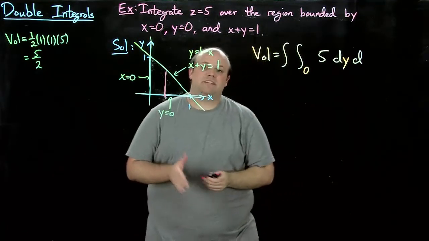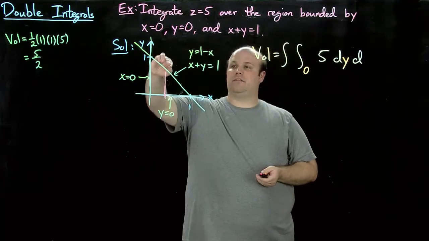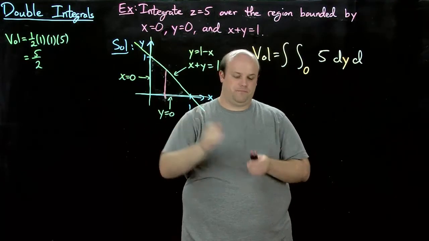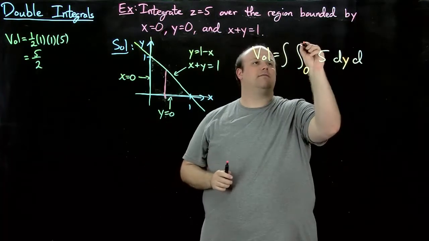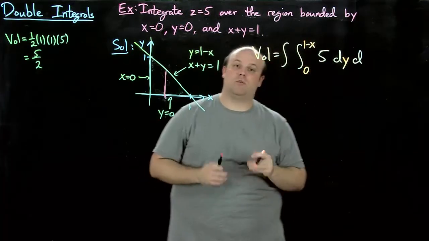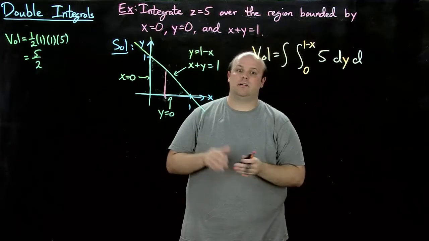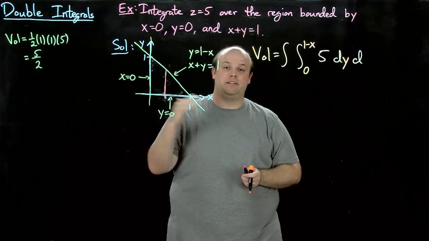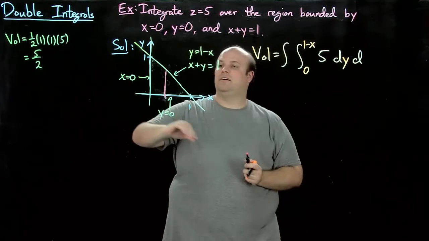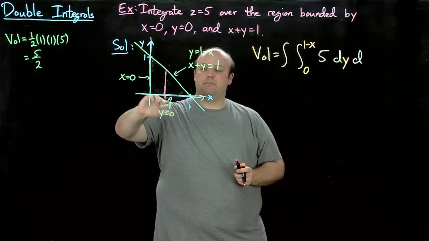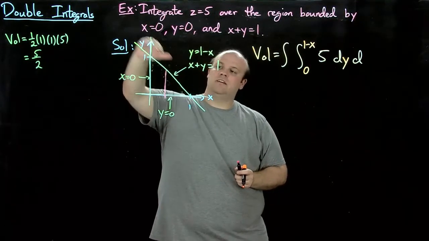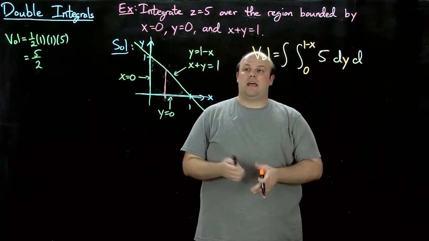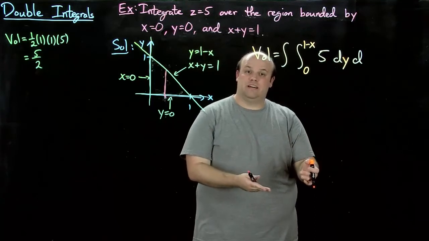So now we have the height with respect to the fixed x value, which means the upper bound of this integral is just 1 minus x. Hopefully that makes sense. We're still doing the same thing we did for rectangles, bottom to top, except the top is now a slanted line, but we can still describe it as y equals some function of x.